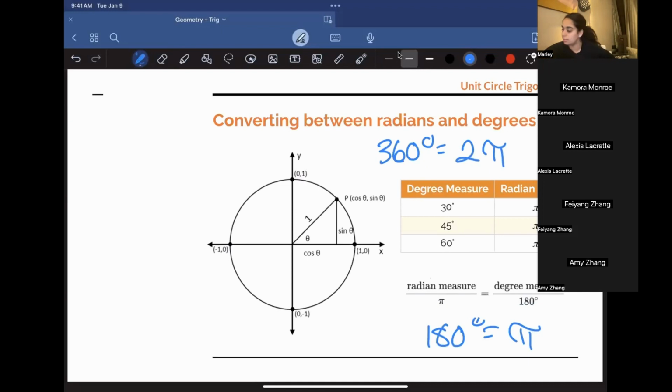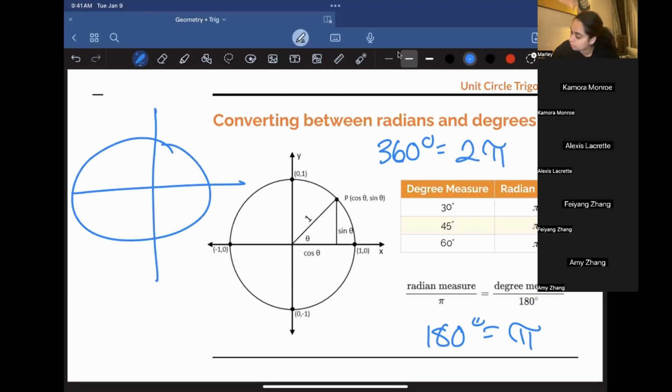It can also be easy to remember that in a circle like this, this is pi over 6, this is pi over 4, and this is pi over 3. And that also correlates to, I'm going to do it in red, 30 degrees, 45 degrees, 60 degrees.